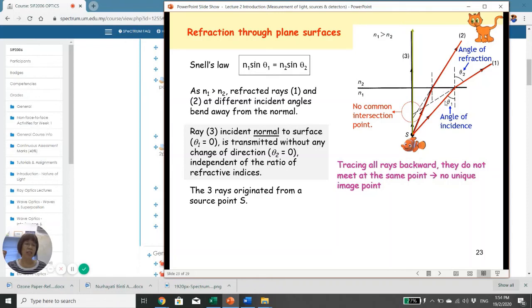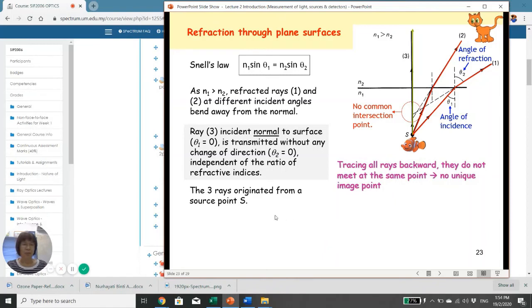As you increase this angle further, this angle θ2, the angle of refraction or transmission, will also increase further. Projecting all these transmitted rays backwards, you find that they don't meet at the same point. So there's no unique image point. Okay, so what do we do? How do we treat this problem?